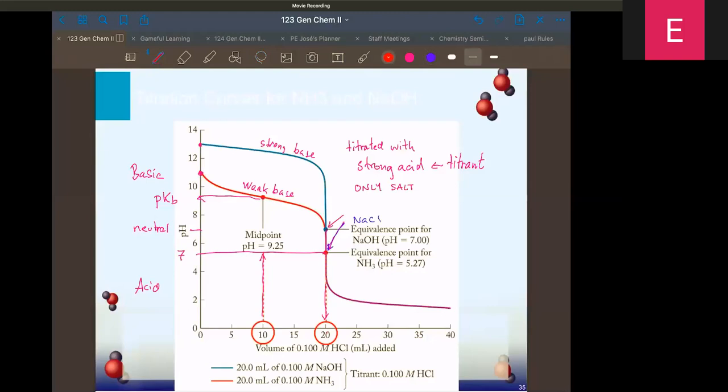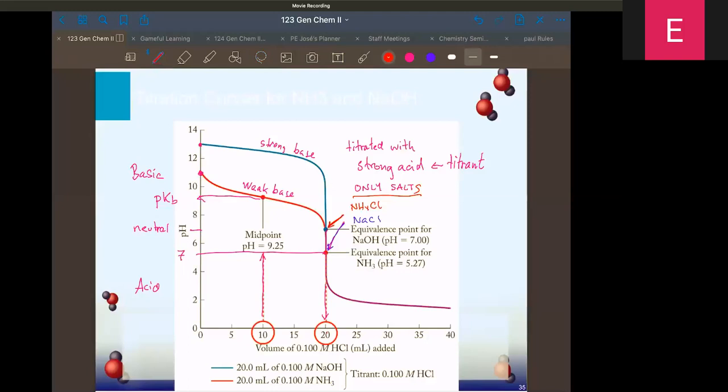In this case up here, and we'll make it in red, you will have NH4Cl. So you have only the salts. Only salts present.